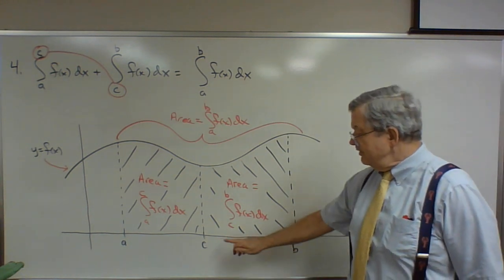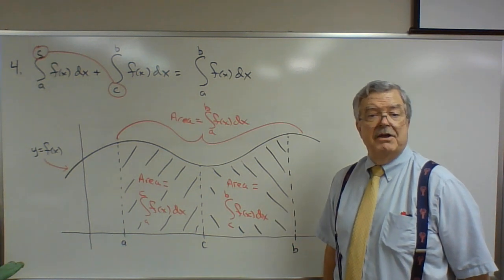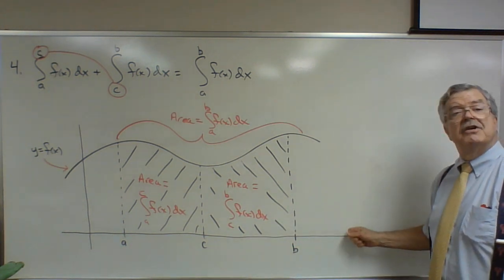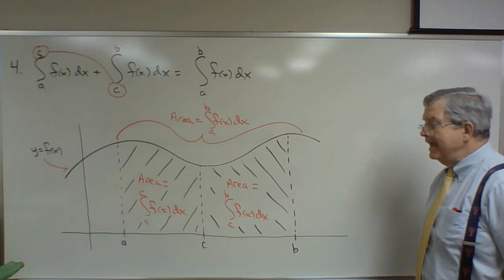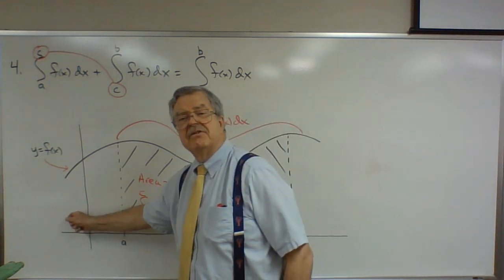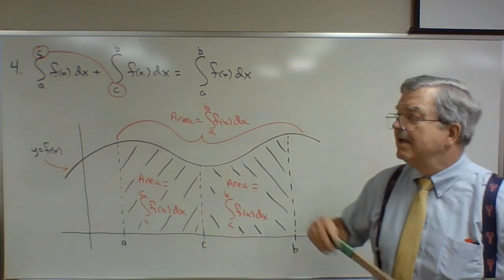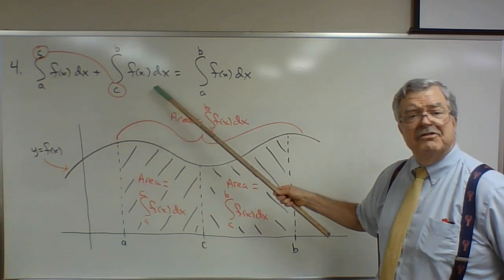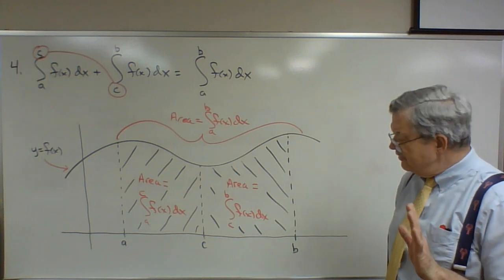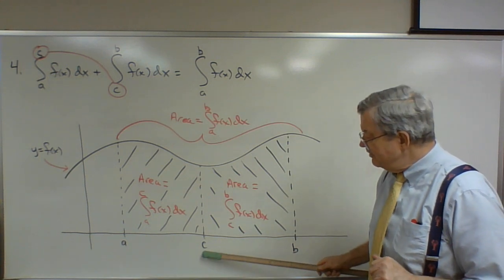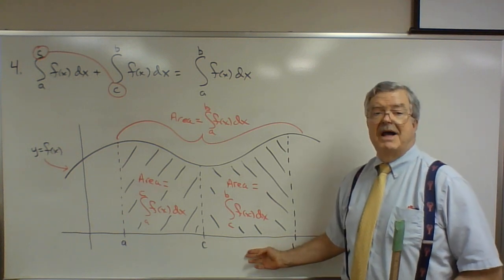For simplicity's sake, we put c in between a and b. But it could be the case that c is over here somewhere, greater than b. Or it could be the case that c is over here someplace, less than a. And this same relationship still holds. If we just assume that c is in between a and b, then it's a lot easier to see the logic.